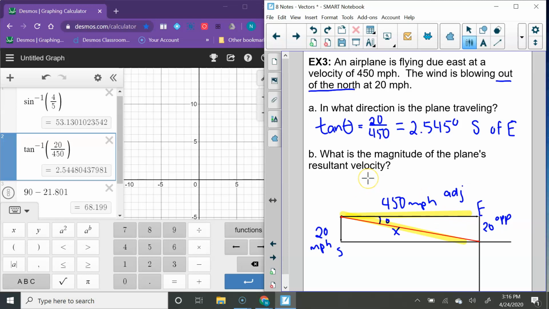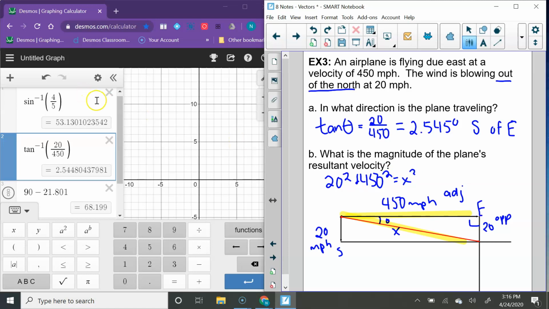For part B, we want the magnitude. Well, for that, we just need the length right here, and this is a right triangle because south and east are perpendicular to each other. So we're just going to do Pythagorean theorem here. 20 squared plus 450 squared equals x squared.